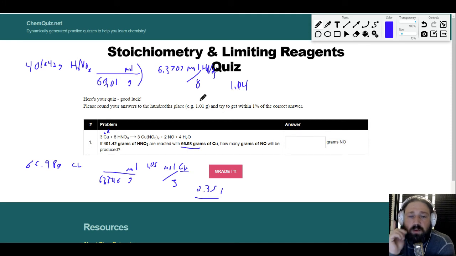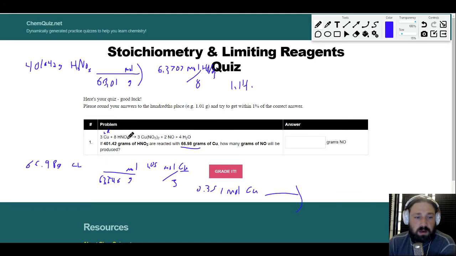What some people are doing now is they're taking this number, 0.351, saying this is the limiting reactant, so we'll use this many moles of copper, and then moving forward with their stoichiometry, where copper is on bottom, nitrogen monoxide's on top, and you do 3 and 2, and so forth.